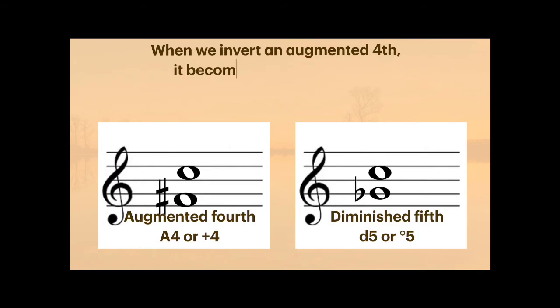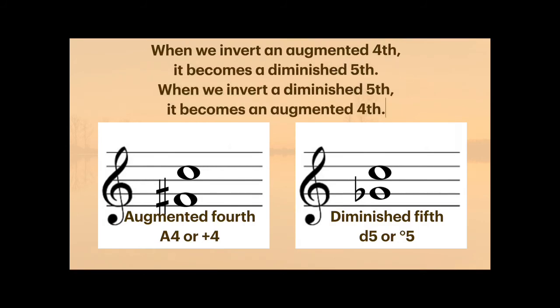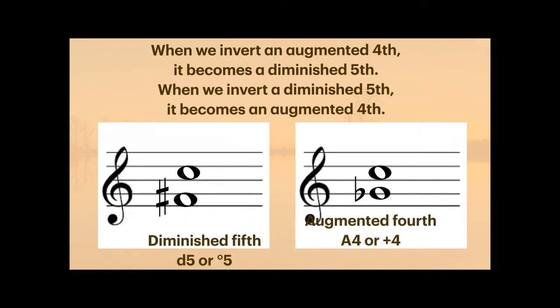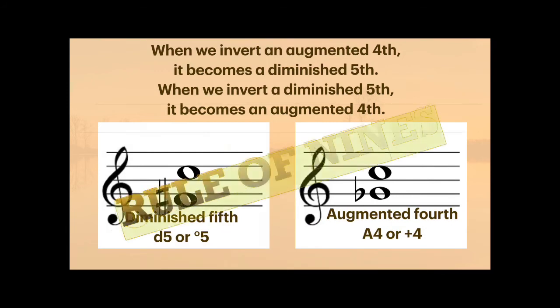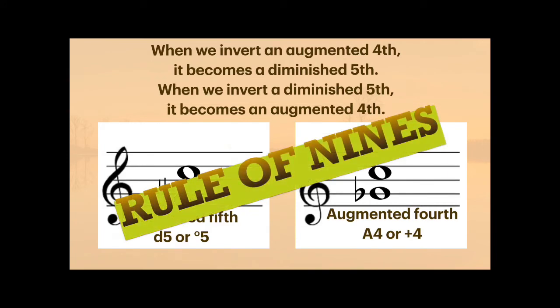When we invert an augmented fourth, it becomes a diminished fifth. When we invert a diminished fifth, it becomes an augmented fourth. And this is your introduction to what I call the rule of nines. Let's learn more.